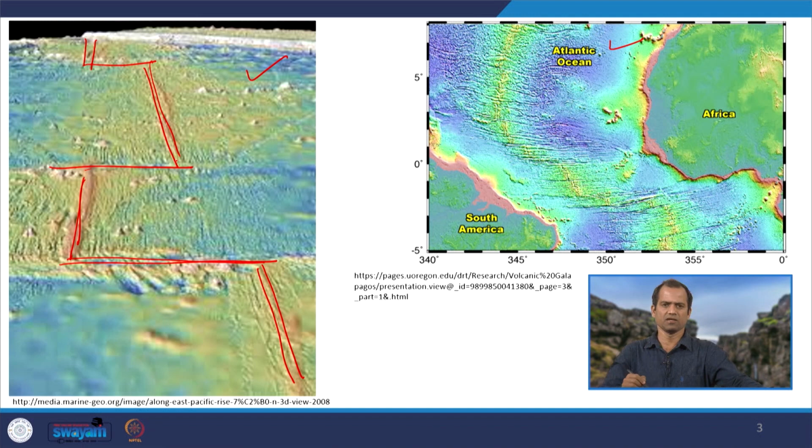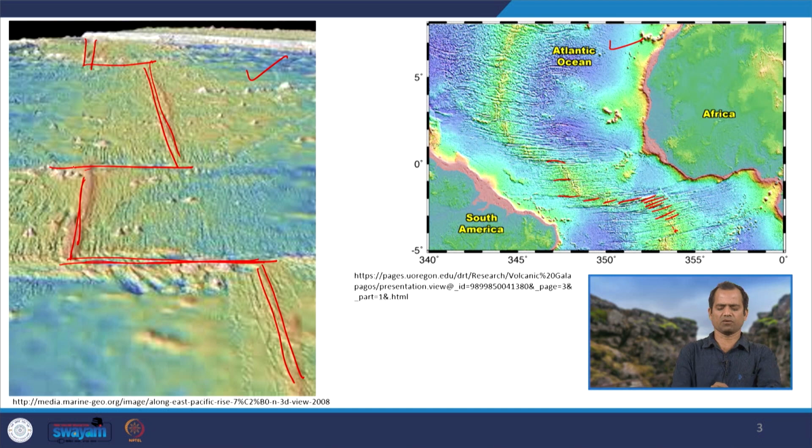Similarly, if you see the Mid-Atlantic ridge, here there are different small segments, and each segment is divided and offset by a transform fault. Here we have a transform fault, we have a transform fault.